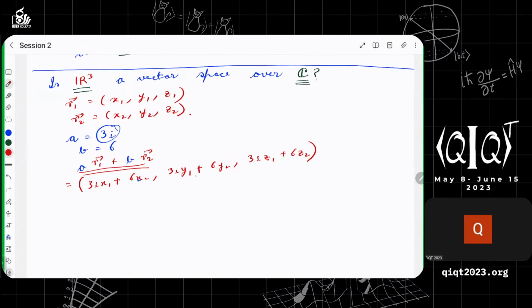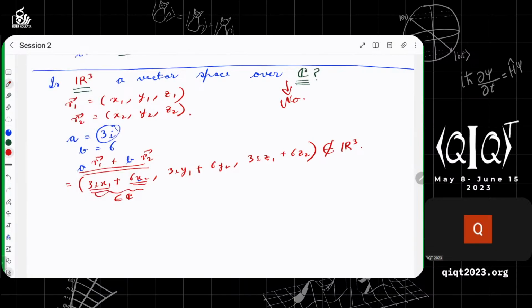Now see, x1, y1, z1, x2, y2, z2 are all real numbers. So 6x2 plus 3i x1 will be a complex number. So this will not be a real number. So we can say that this triplet would not be a part of the real space. So the closure condition is violated. So the answer to the question, is R3 a vector space over C, is no.